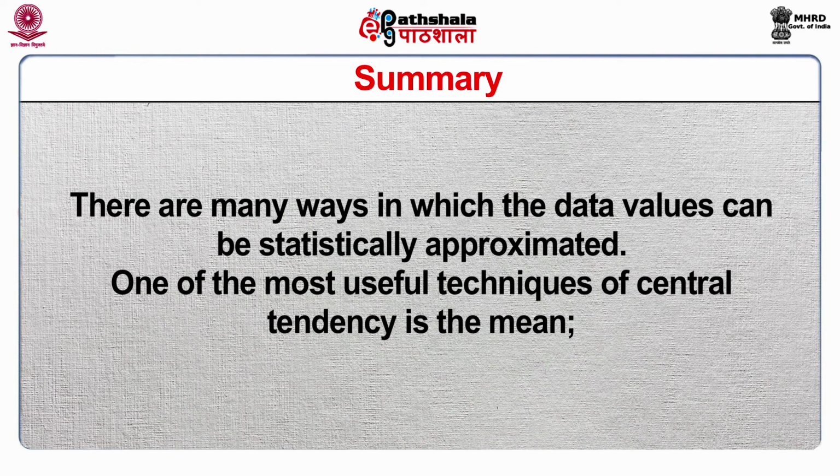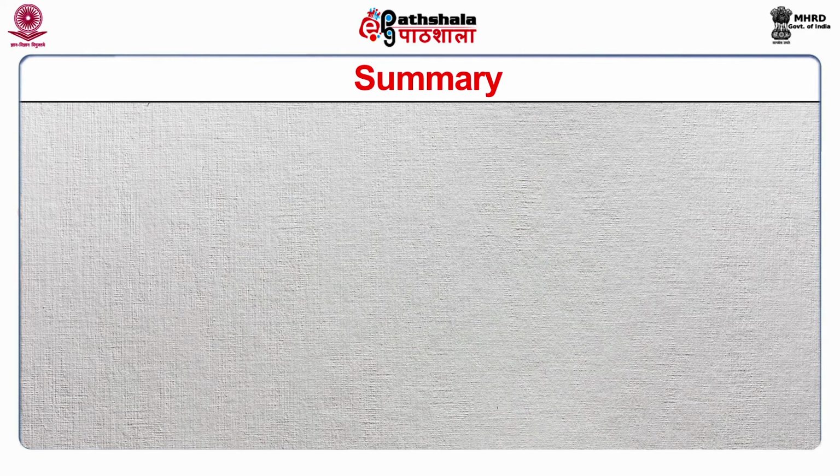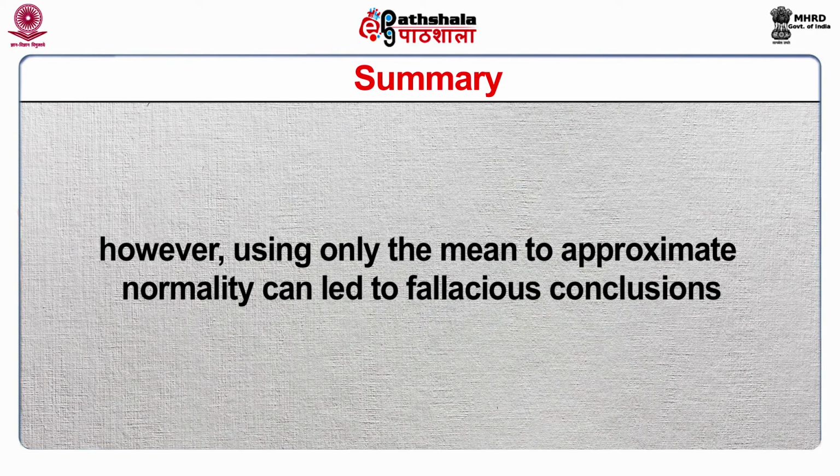There are many ways in which the data values can be statistically approximated. One of the most useful techniques of central tendency is the mean. However, using only the mean to approximate normality can lead to fallacious conclusions.